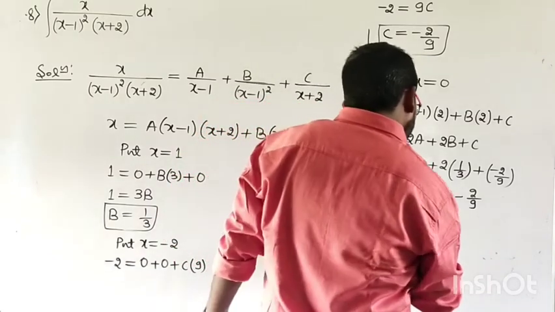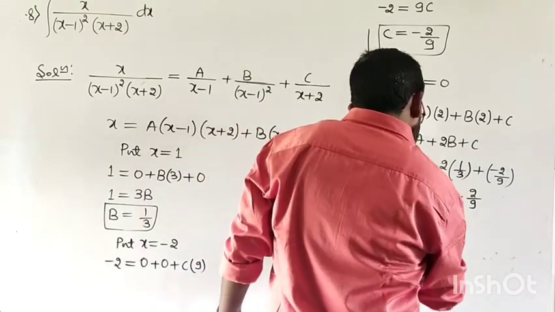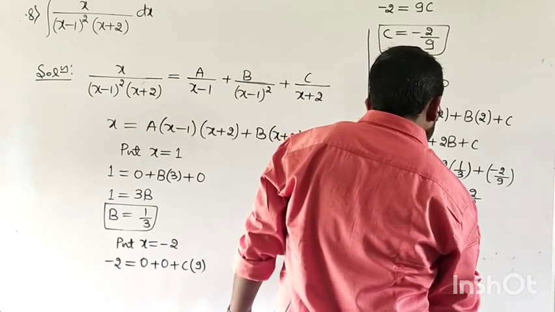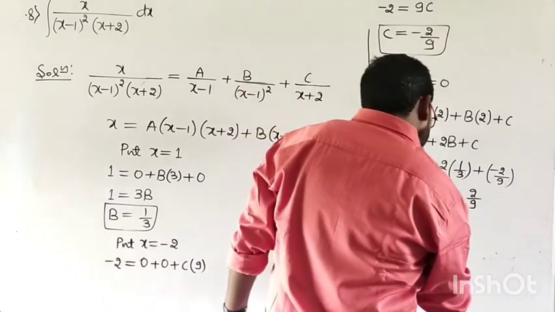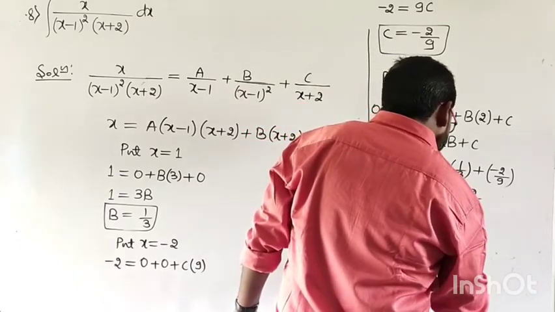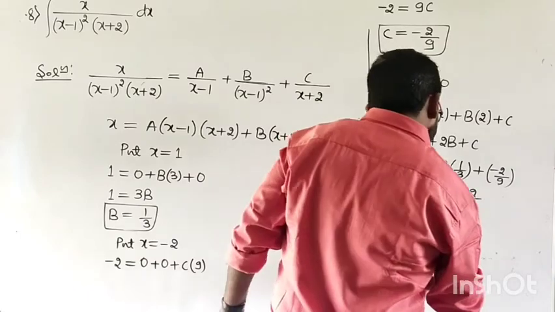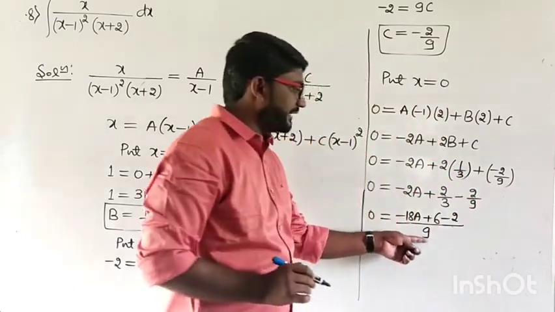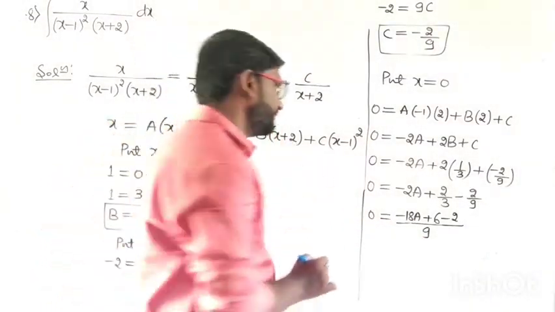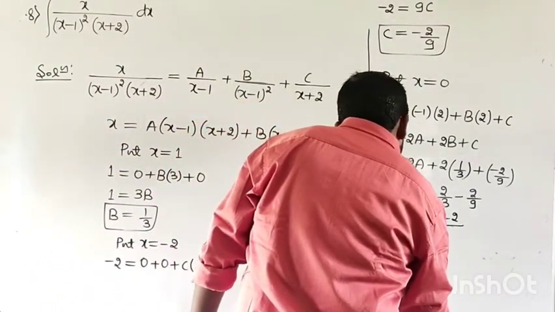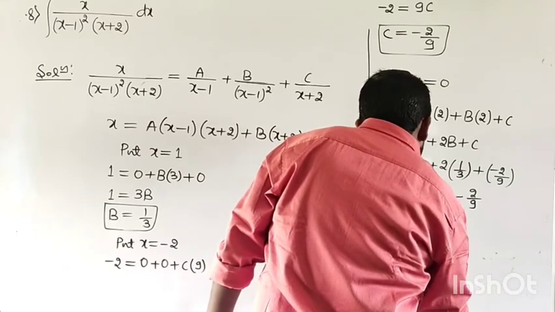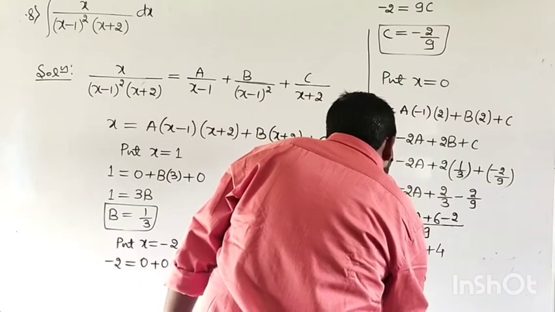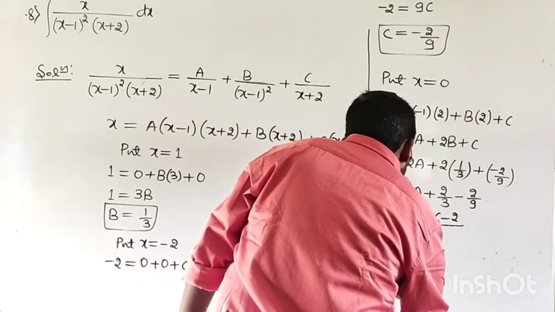So how much we get? Minus 18a plus 3 3s are 6, then minus here we get 2. So 0, then you take the denominator to the LHS, it becomes 0. So 0 is equal to minus 18a, 6 minus 2 is 4, plus 4, or 18a is equal to 4.